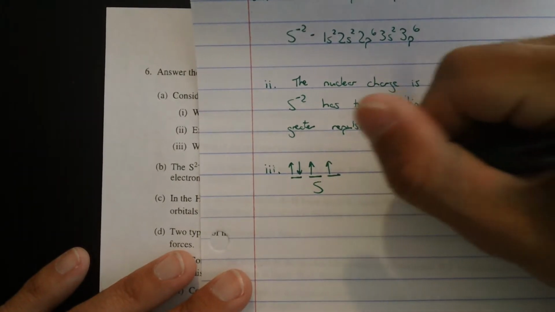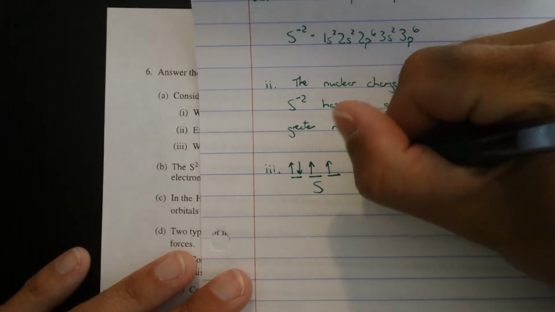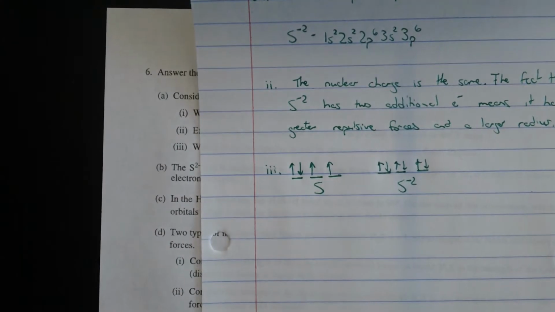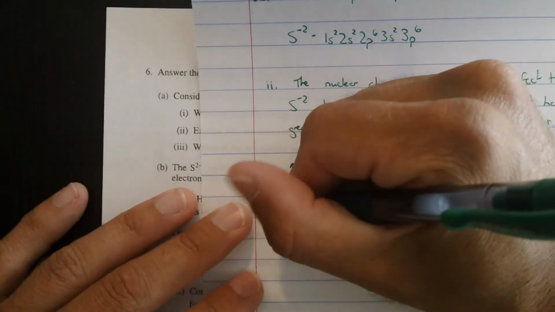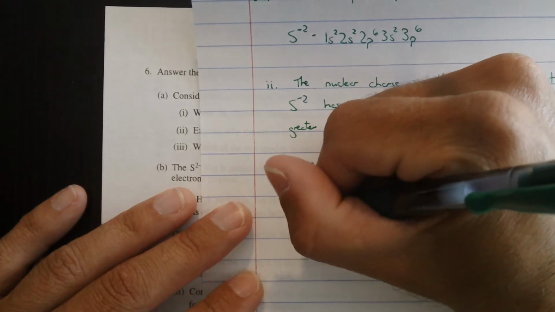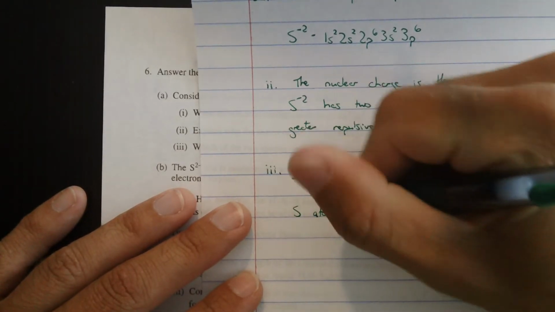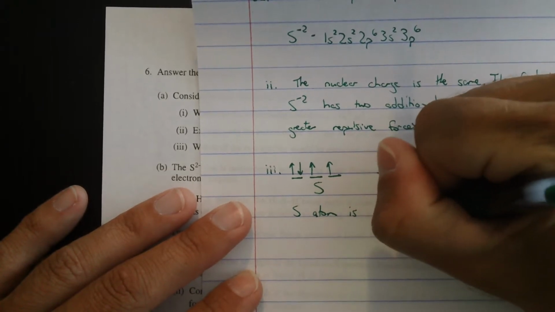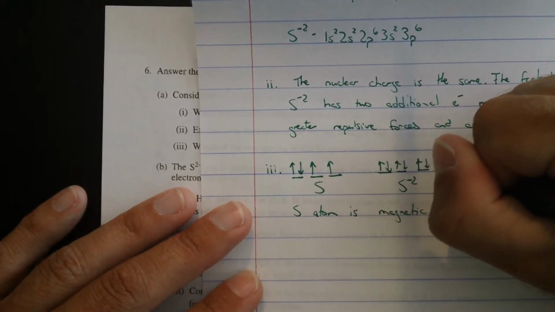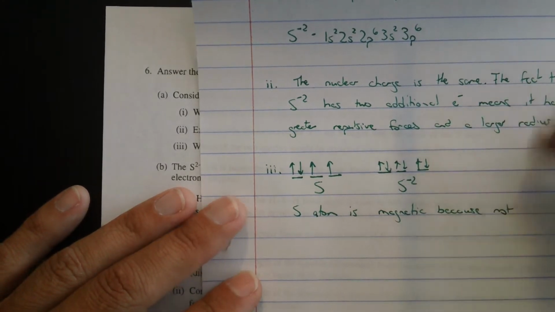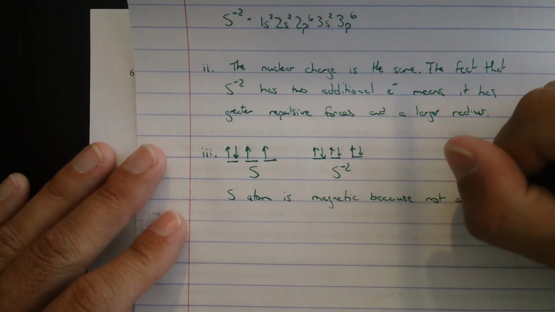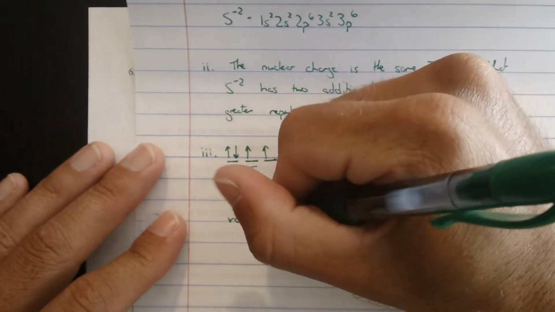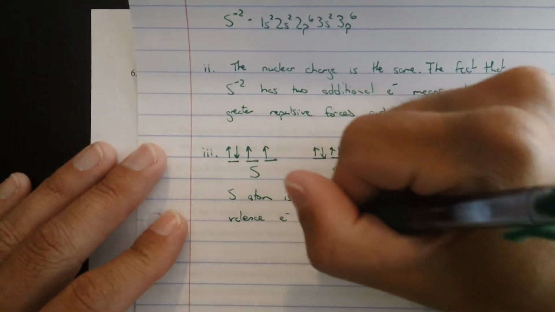The sulfide ion is not capable of being magnetic because it has all paired up electrons, and so you've got to explain that in the words. So sulfide, or the sulfur atom, sorry, is magnetic because not all the valence electrons are paired.